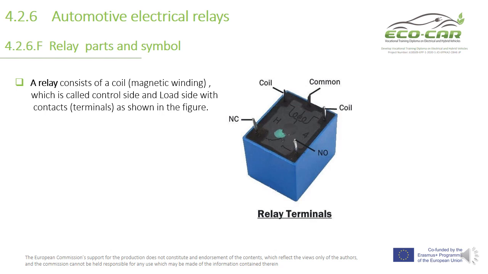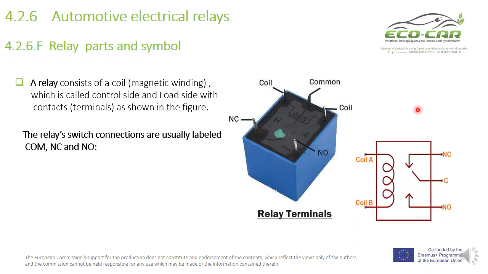The control side is between this terminal and this terminal, the coil, and the other side is called the load side, between these two terminals, normally open and normally closed, with this common terminal. As we see here in this symbol, we have the load side and the control side.